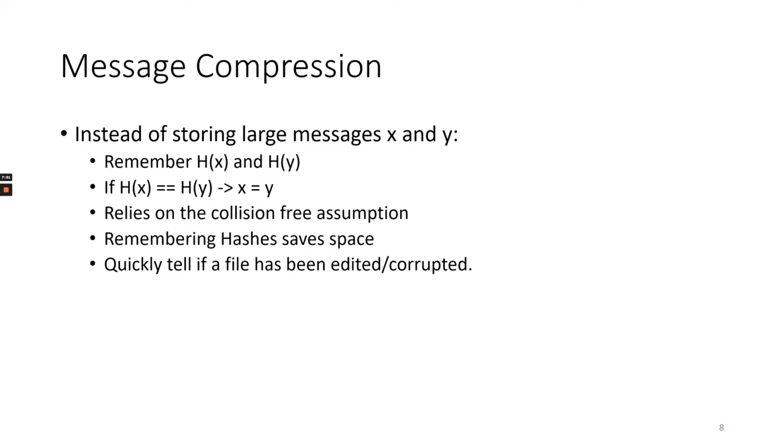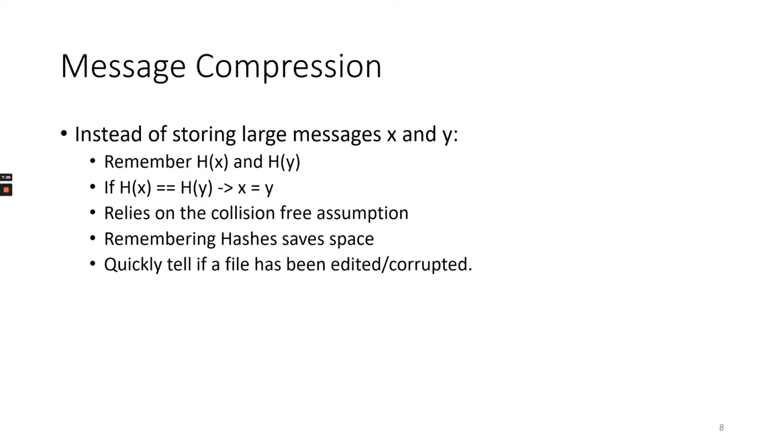So this leads us to one of the important uses of hashes, as they're also used in the context of blockchain, which is that we want to find a way to compress messages in such a way that we can still use them later on. In the case of blockchain, you can think of them as transactions.